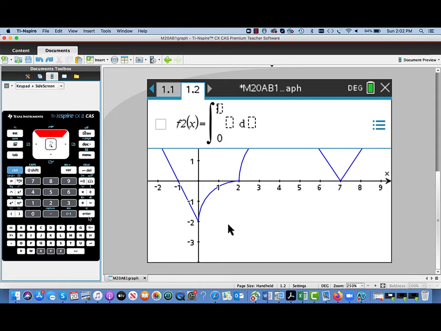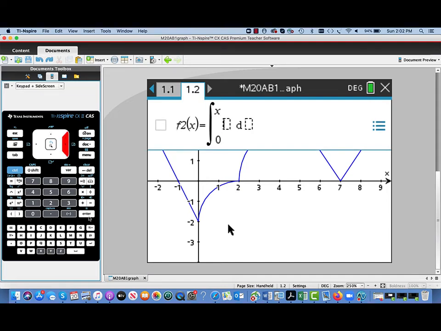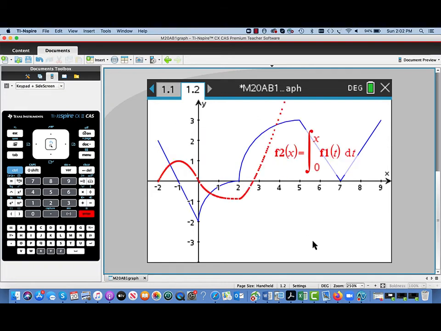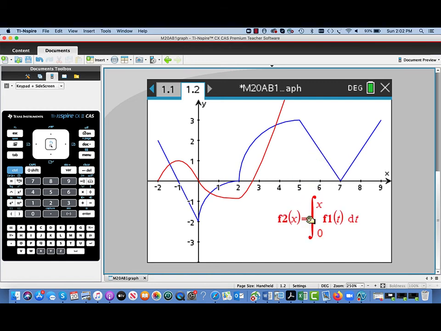The upper limit is going to be our variable x, and then we're going to be integrating our blue graph function, which is f1 of t dt. And now we'll take a look at the antiderivative graph and try to reason from this graph, does this make sense? Okay. Well, let's take a look.